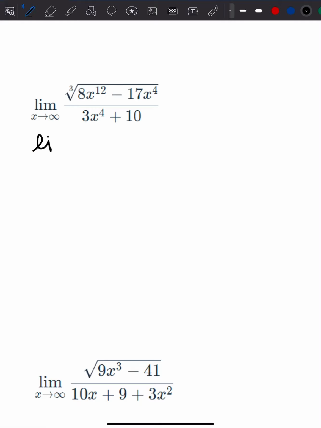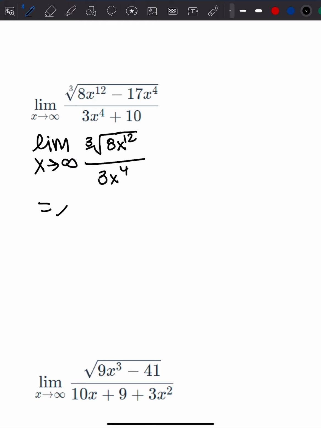So we're going to be realistically looking at the limit as x approaches infinity of the cube root of 8x to the 12th. The 8 doesn't really matter that much either, but we can put it in here. And then we're looking at 3x to the 4th. That plus 10 doesn't do anything for us. We're going to switch this around into something that has a fractional exponent.